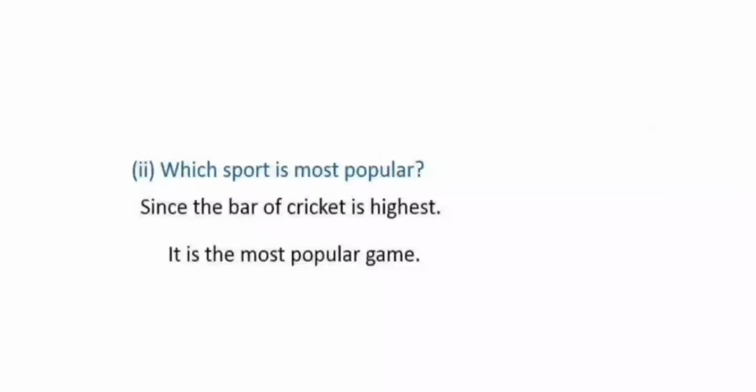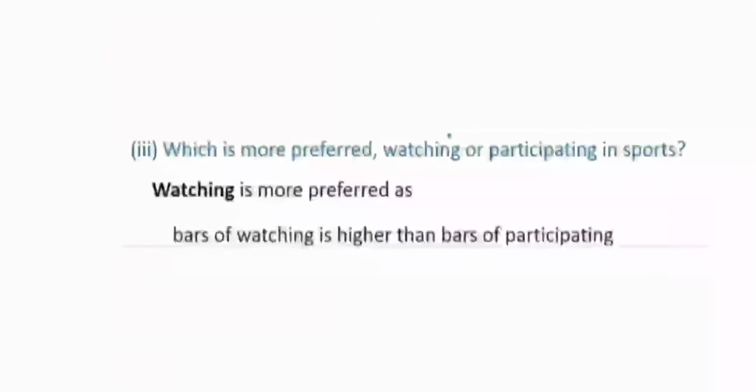Since the bar of cricket is highest, it is the most popular game. Which is more preferred, watching or participating in sports? Watching is more preferred, as the bar of watching is higher than the bar of participating.